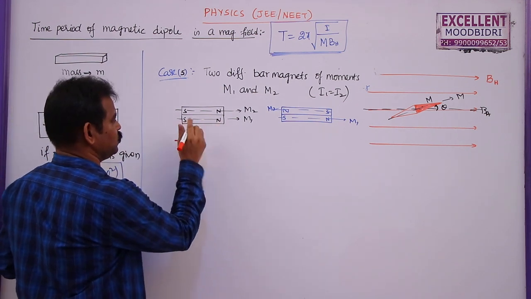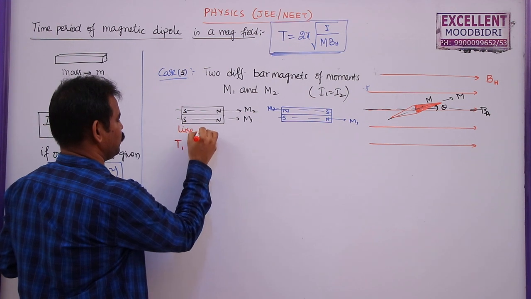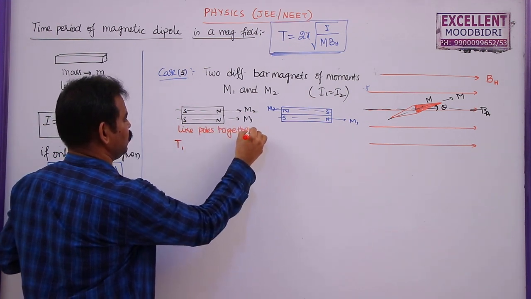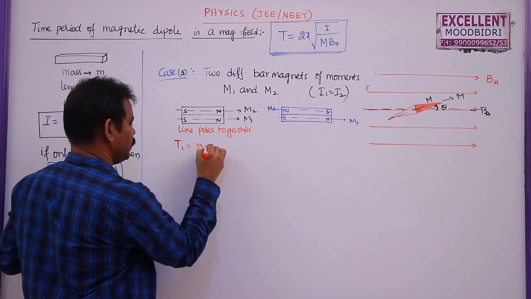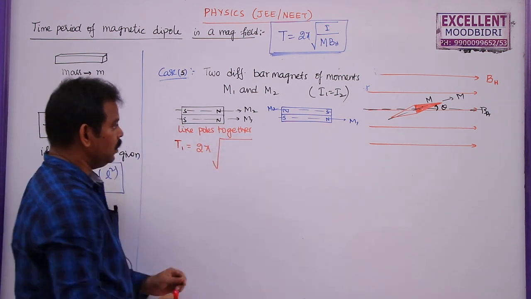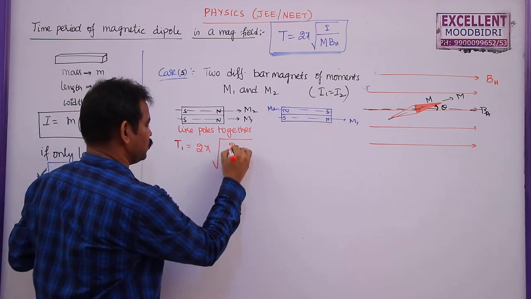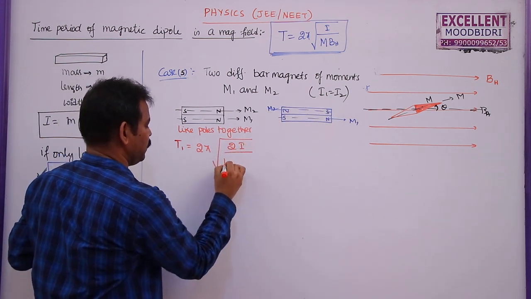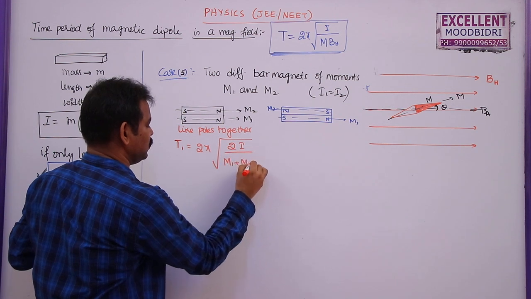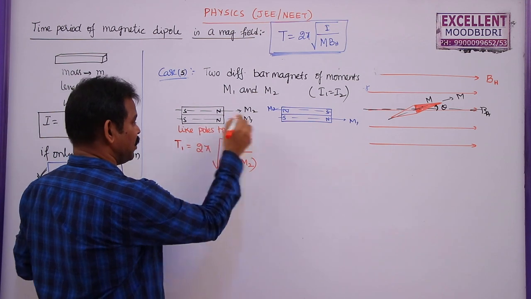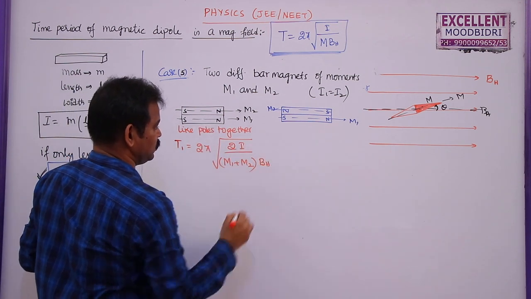T1, when like poles are together, is given by 2 pi root. As they have the same moment of inertia, this will become 2 pi root 2I by m1 plus m2, because the magnetic moments are acting in the same direction, so the net magnetic moment will be the sum of these two, into BH.